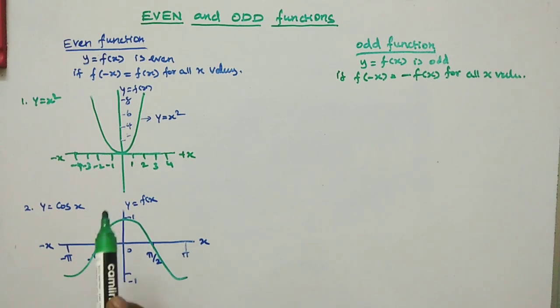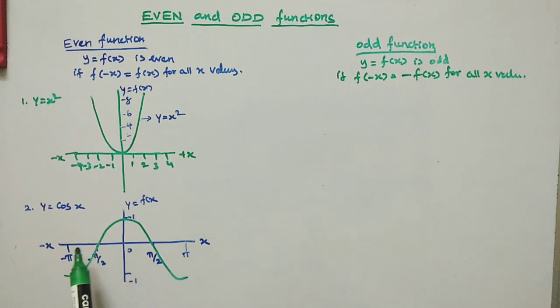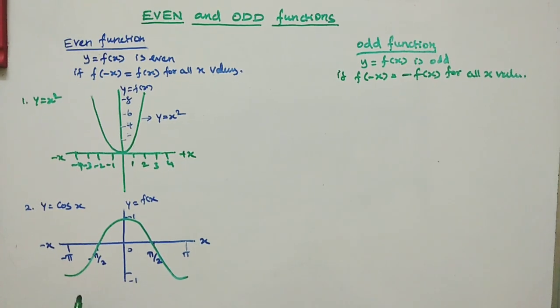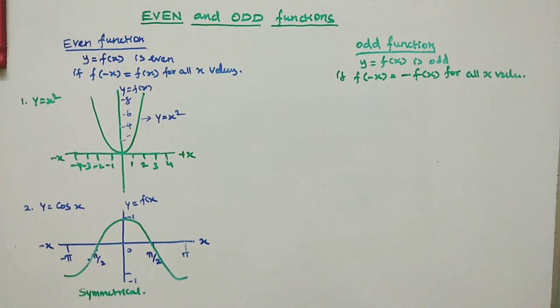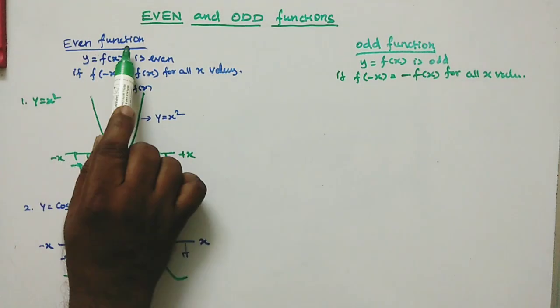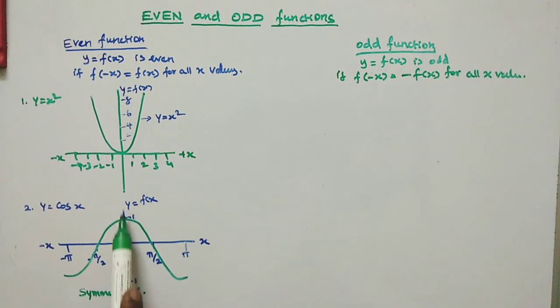Then the same mirror put here also will reflect the half of the cos wave, and the resultant real half wave and imaginary half wave gives the full form of the cos wave. So this behavior is expressed as symmetrical. Now we can easily state that the even function is always symmetrical about the y axis.